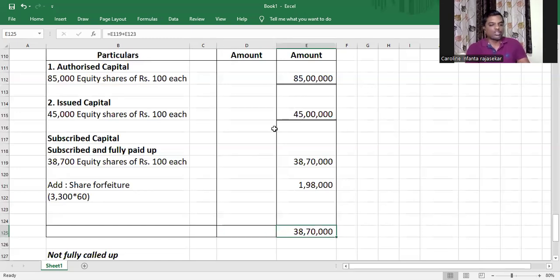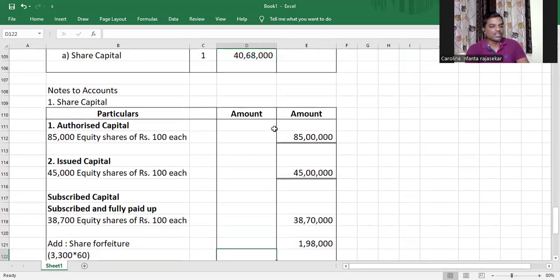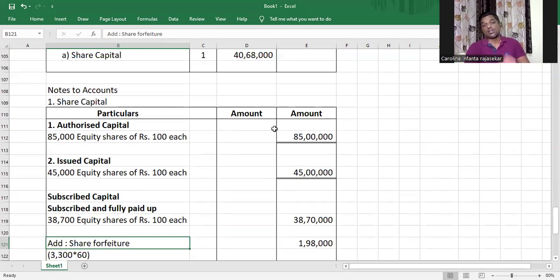And therefore, the share capital total of 38,70,000 is wrong. This is wrong, this is correct: 40,68,000. I go ahead and write this here. That's it. So when there is forfeiture, I just add the share forfeiture account, and the share forfeiture account will have the amount paid up on the forfeited shares.